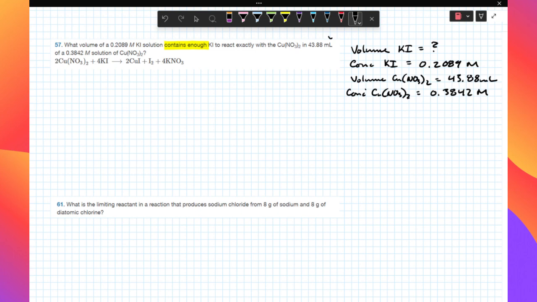Moles per liter. Okay. Starting with concentration, get to volume. Okay. How do I want to do this?